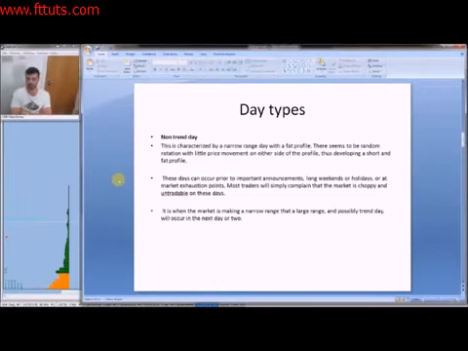It is when the market is making a narrow range that a large range and possibly a trend day will occur in the next day or two. We often see these signified as well when we talk about inside days. So it's when the market is trading within the previous day's range.